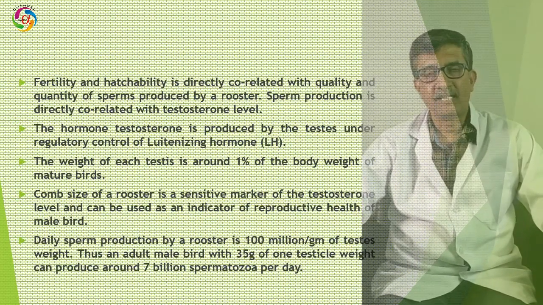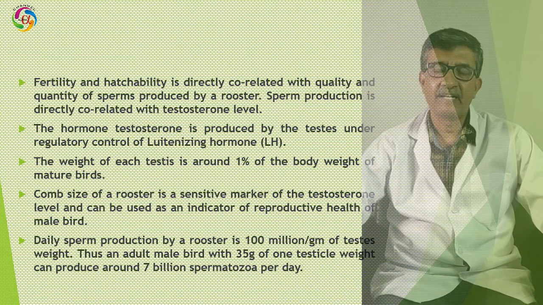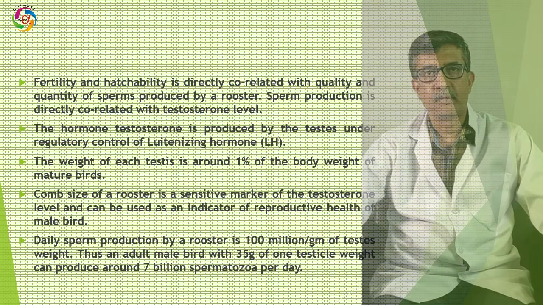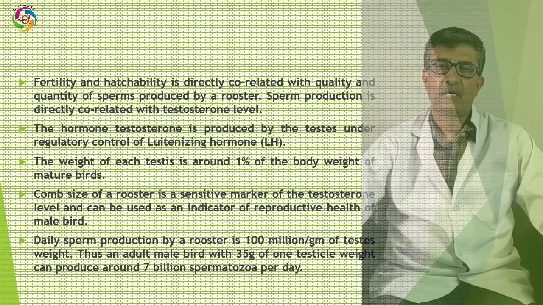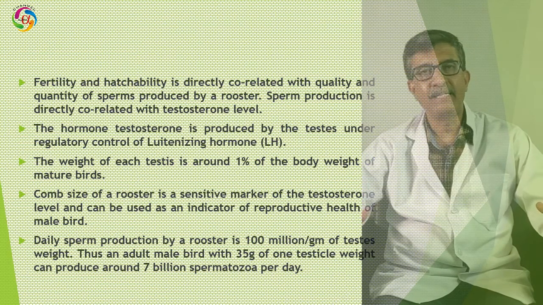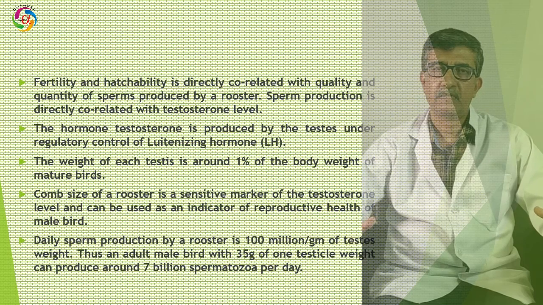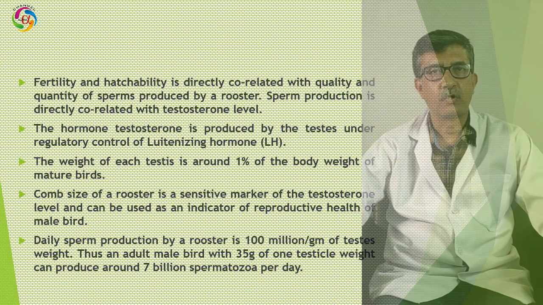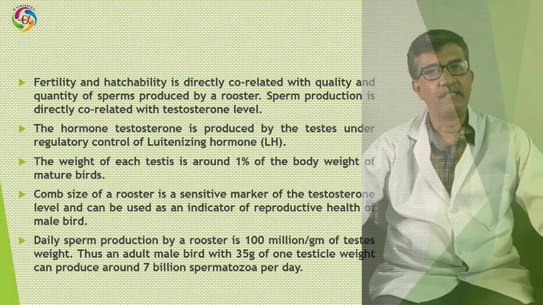Now, fertility and hatchability both are directly correlated to the quality and quantity of the sperm produced by the rooster. And the quality and quantity of the sperm is directly regulated by the level of testosterone in the blood and in the testes.